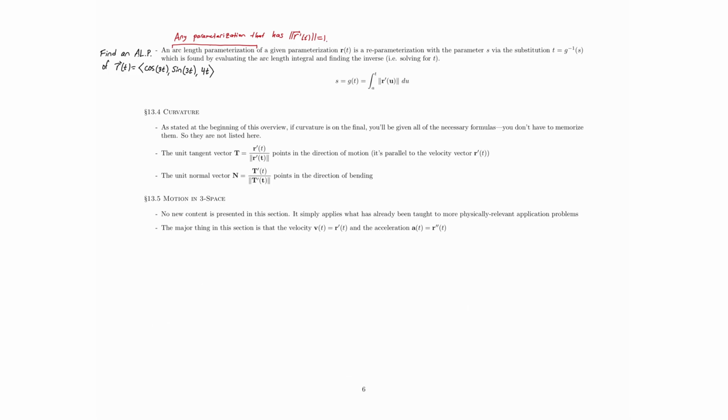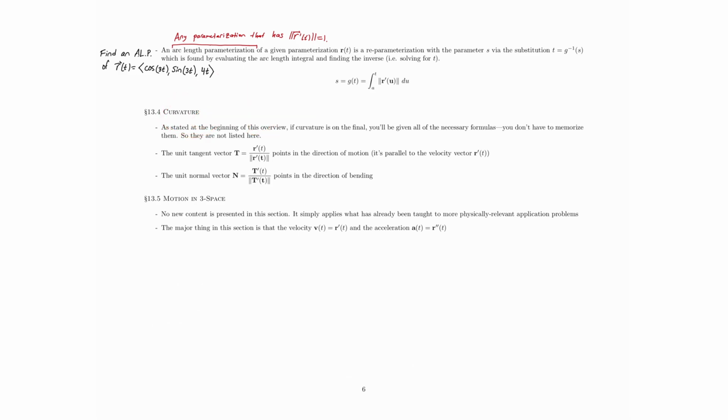So as long as the speed is always 1, in other words, no matter what your path is tracing, the speed is always 1. You're always walking at the same speed of 1 on your curve. Doesn't matter what's being traced, just that the speed is constant and equal to 1.